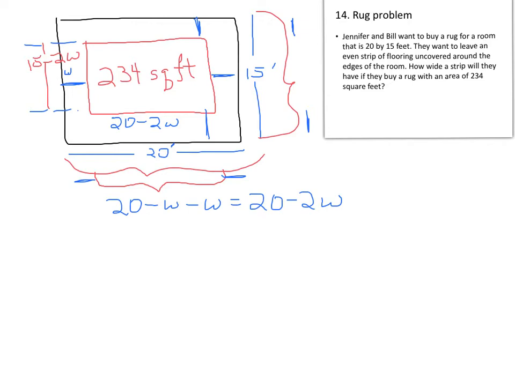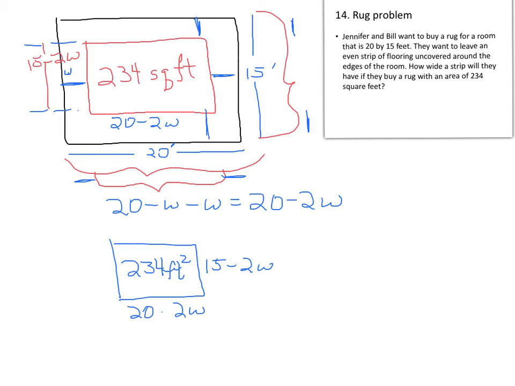So basically we have a rectangle. Let's just draw the rug itself. We have a rectangle that's 234 square feet, and its width is 15 minus 2W, and its length is 20 minus 2W.